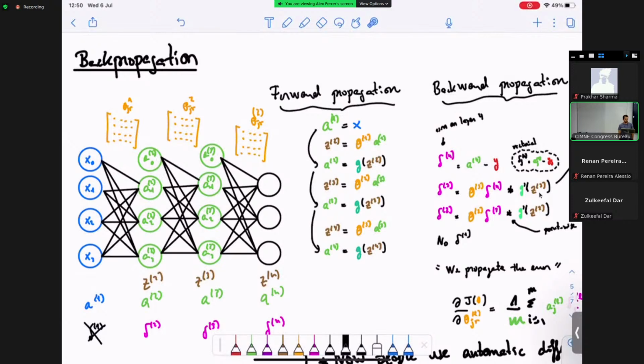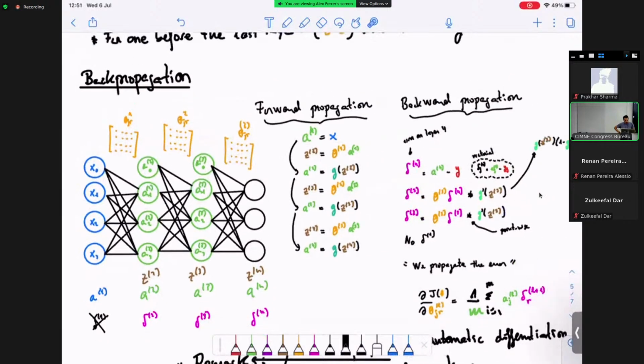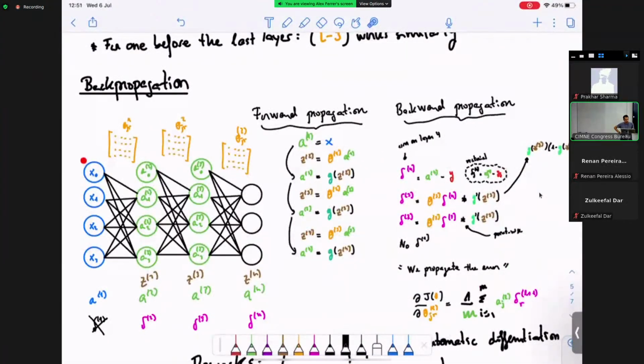So even if you do a stochastic gradient, you need all the A's of the layers before, isn't it? You can do it with a stochastic with just one of them. Some of them. You see here, maybe it's not clear, but here, this is the features. But the other thing is the data, how many?